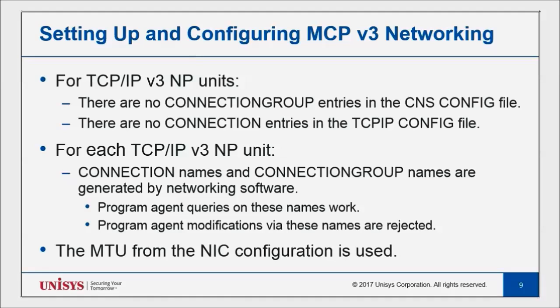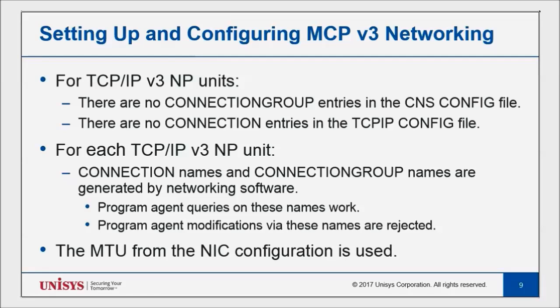For TCPIP v3 NP units, there is no connection group in the CNS config file, and there's no connection in the TCPIP config file. There's just an identity entry in the TCPIP config file, and that's all you need. And for TCPIP v3 NP units, the networking software generates a connection name and a connection group name that has actually the unit number of the NP unit in it.